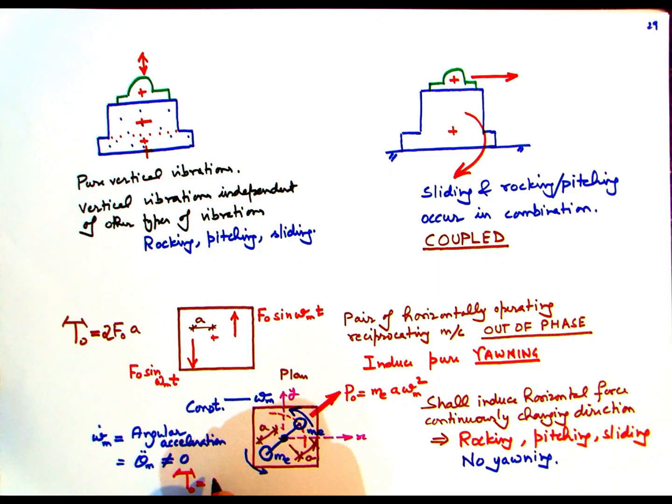And the magnitude of this torque will be given by the product of the eccentric mass, the angular acceleration, and the square of the radius of motion. The factor 2 comes here because there are two masses undergoing this rotation. The presence of the two masses basically nullifies the horizontal component, and hence the associated sliding and rocking or pitching.